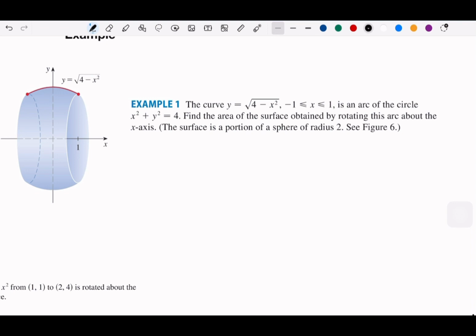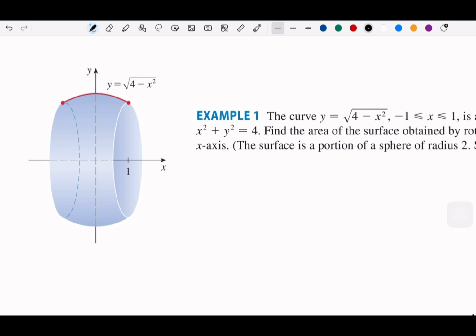Now, I think if we take this as the radius, right? So our radius is y. Let me write just y here.